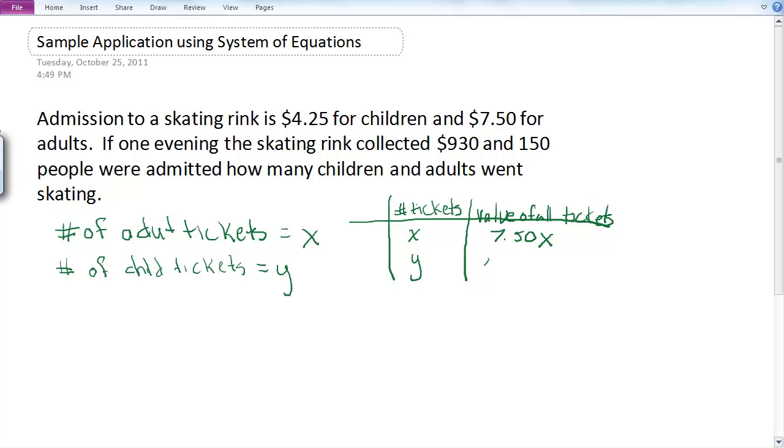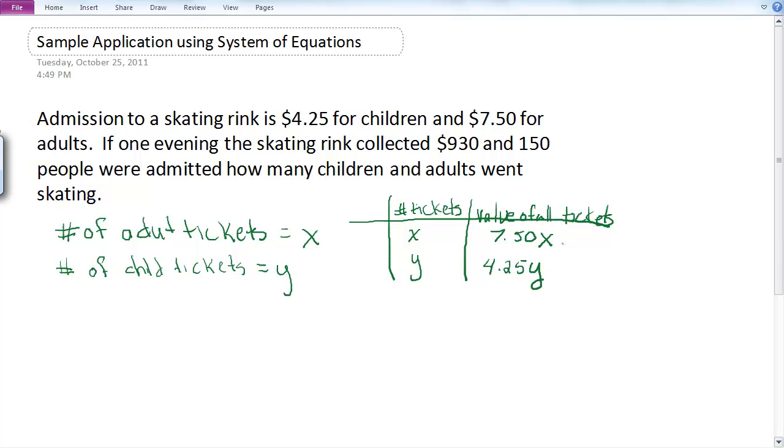If I take $4.25 for the children's tickets, multiply it by the number of child's tickets, then I'll have the value of all the children's tickets. Think about going to the movie theater. You got 4 adults going and it's $10 a piece, you're paying $40. You got to think of these problems in real life situations.